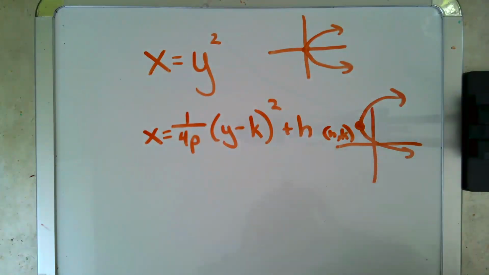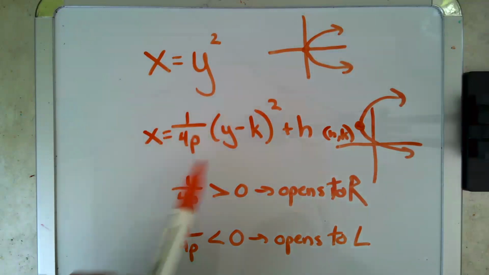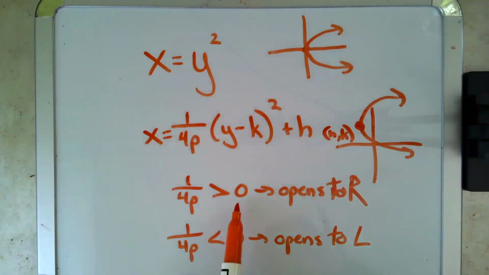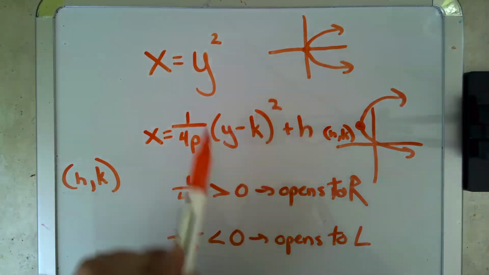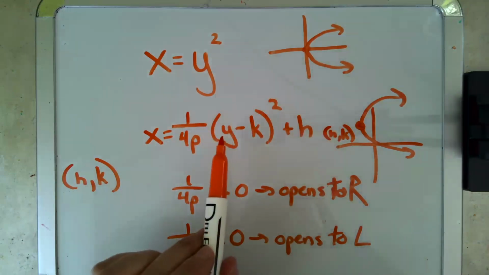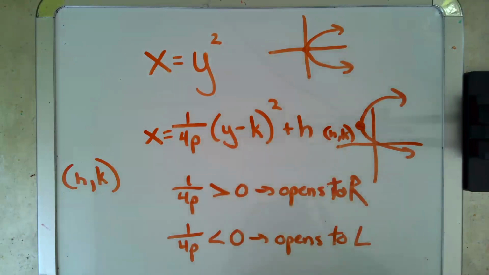All right, now, a couple things to note. When 1 over 4p, the coefficient here, is greater than 0, which would normally mean opens up, when you're dealing with a side-to-side parabola, that means it opens to the right. When 1 over 4p is less than 0, it means it opens to the left. So your vertex is at h comma k, and I want you to note in your equation, it's y minus k squared and then plus h.